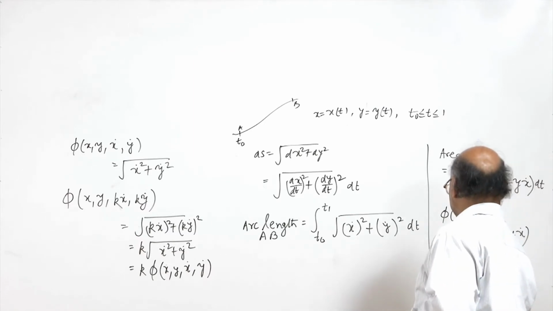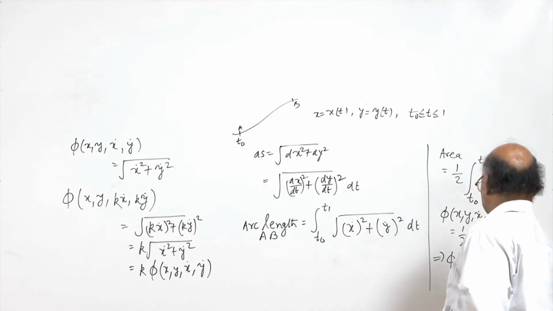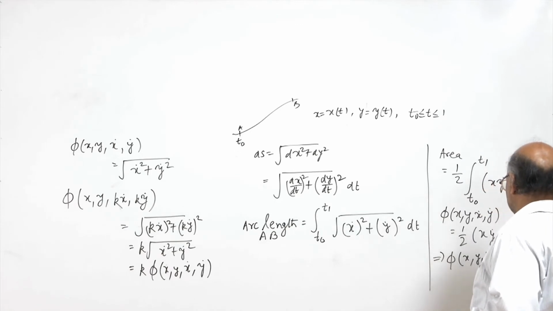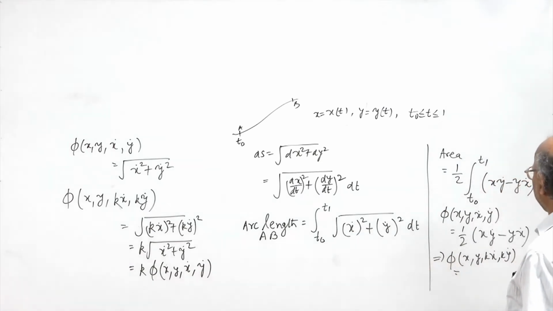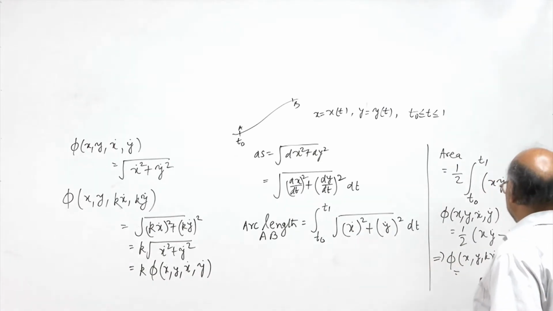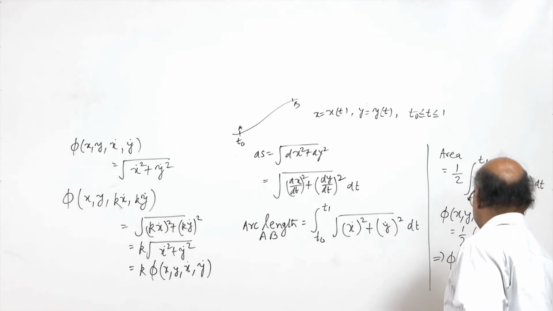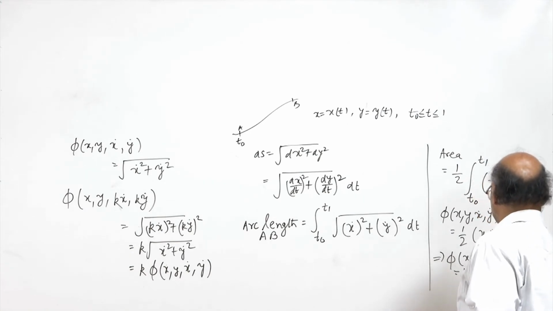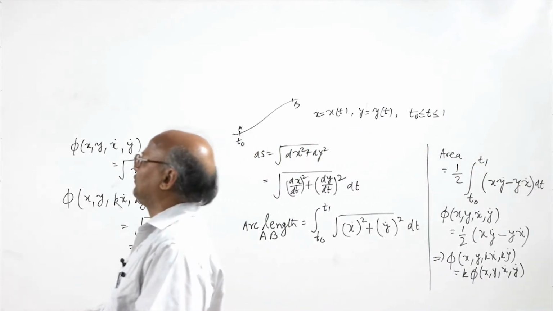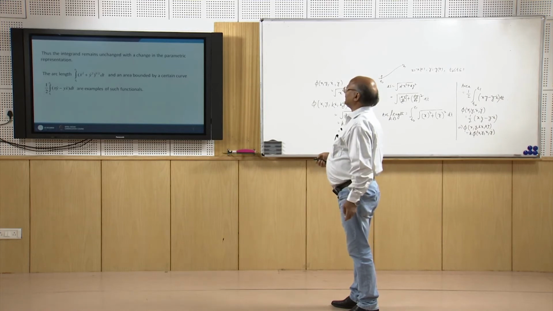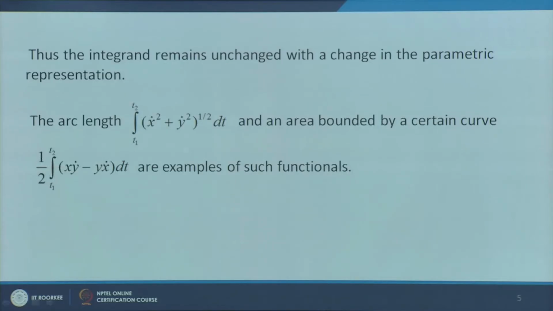This implies phi of x, y, k x dot, k y dot, you can replace x dot by k x dot, y dot by k y dot, and you see that it is k times phi of x, y, x dot, y dot. So these are functionals where the integrand phi is a homogeneous function of degree 1 in x dot and y dot. So they are examples of the functionals that we are actually interested in.